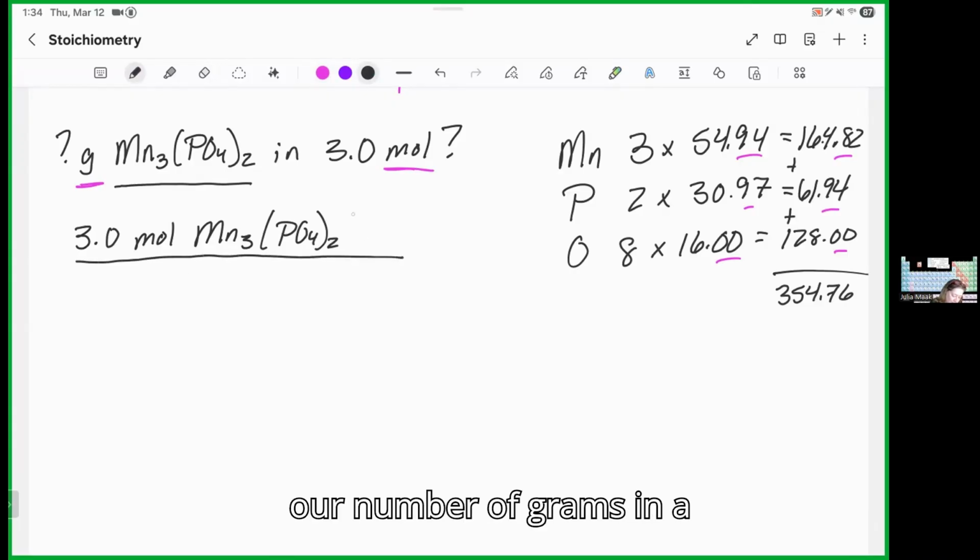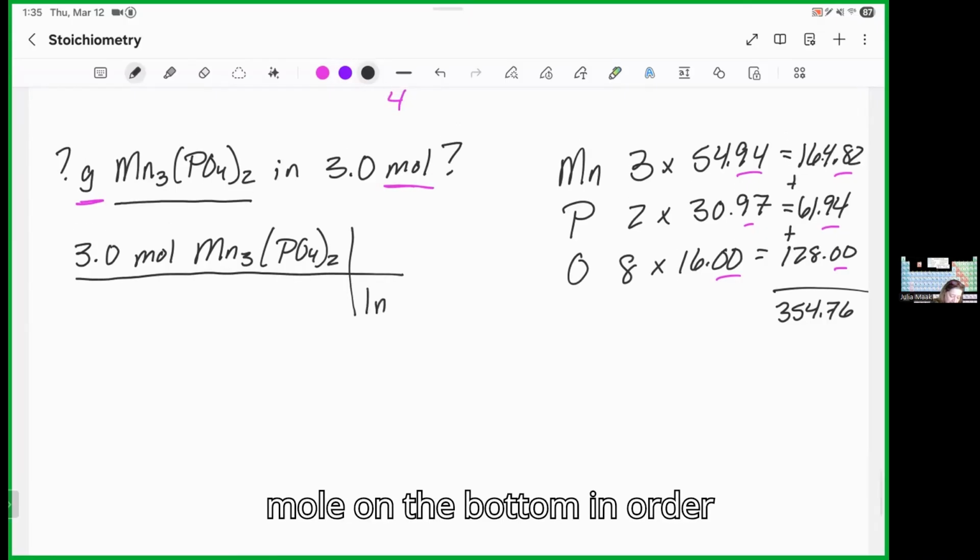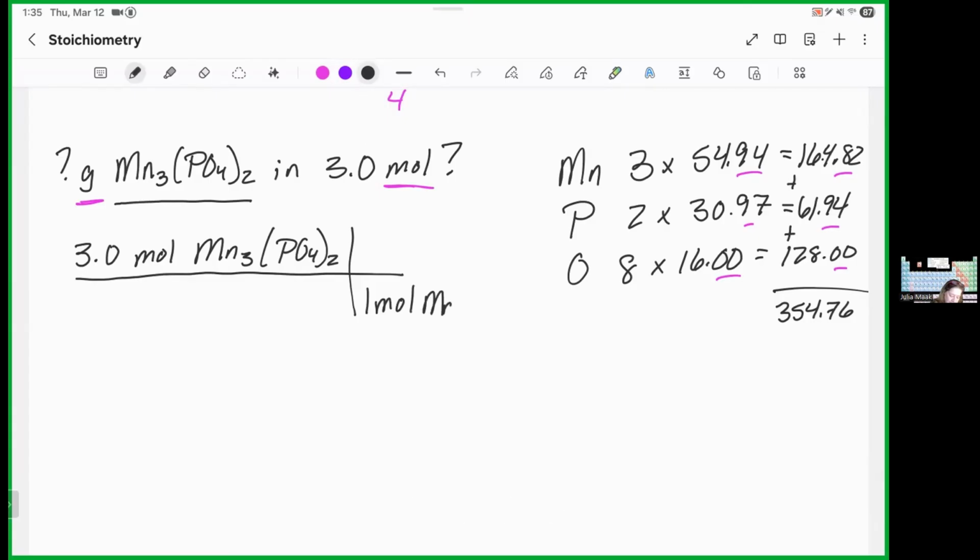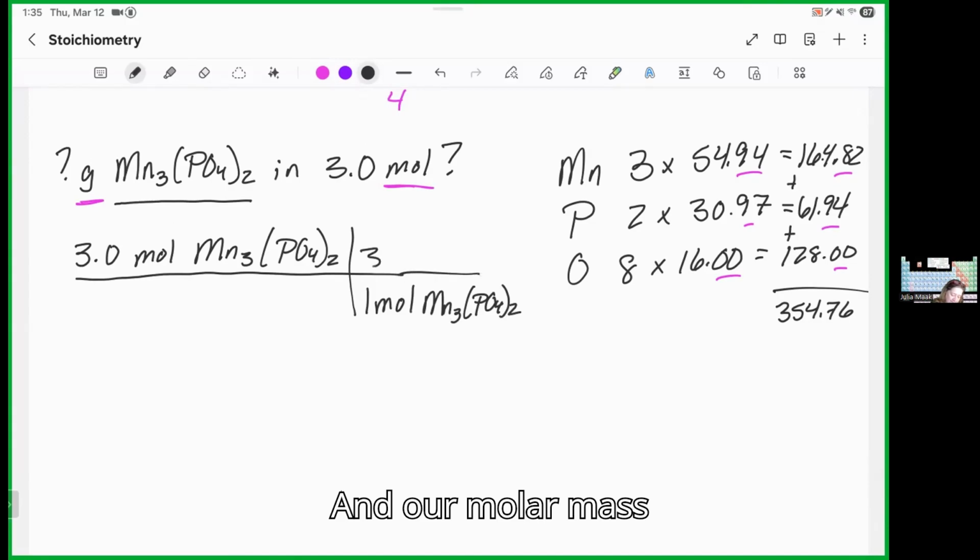We know molar mass is our number of grams in a mole, the mass of a mole. Mole on the bottom in order to cancel, and our molar mass on the top, 354.76 grams.